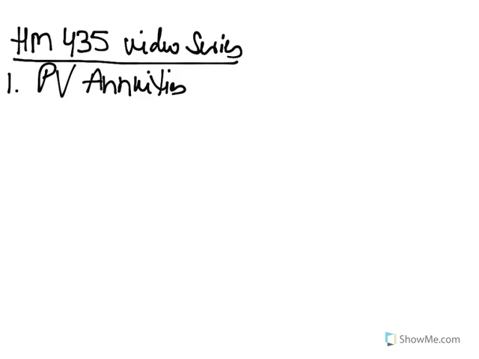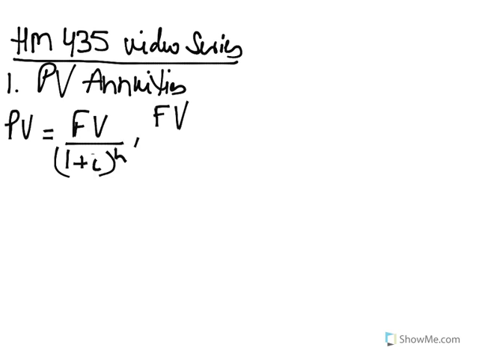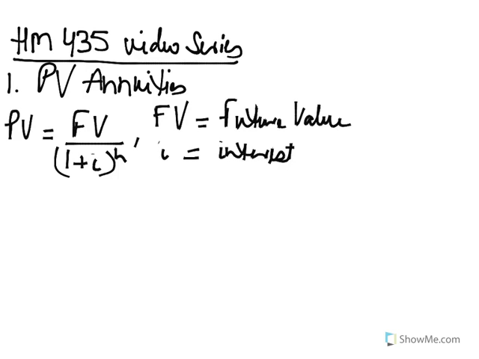If you remember, our simple formula for the present value is future value divided by 1 plus I to the power of n, where FV obviously is the future value, I is the interest, and n is the number of years.